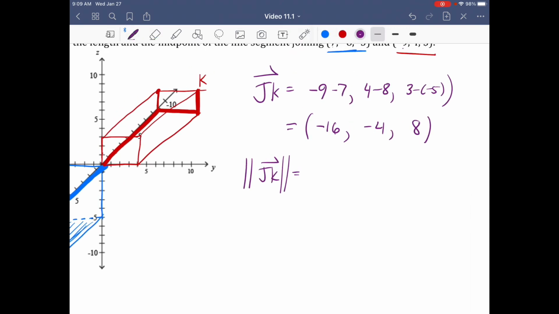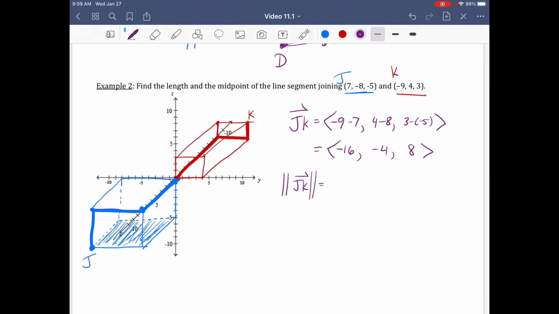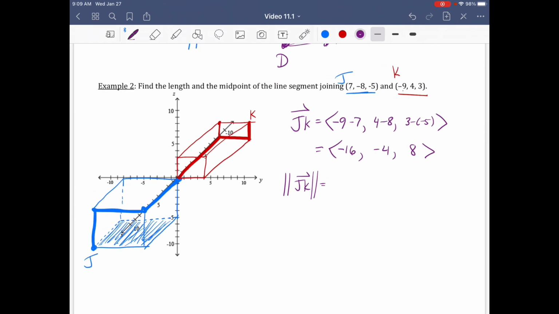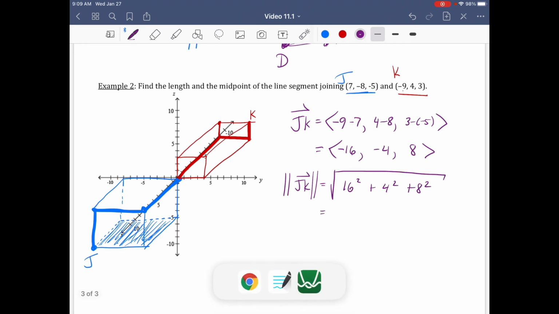So the magnitude of JK. I'm realizing that I made a notational error here. If we're going to call this thing a vector, we do need to put it in angle brackets. Sorry about that. So the magnitude of vector JK is the square root of 16 squared plus 4 squared plus 8 squared. You can include the negatives if you're so compelled.